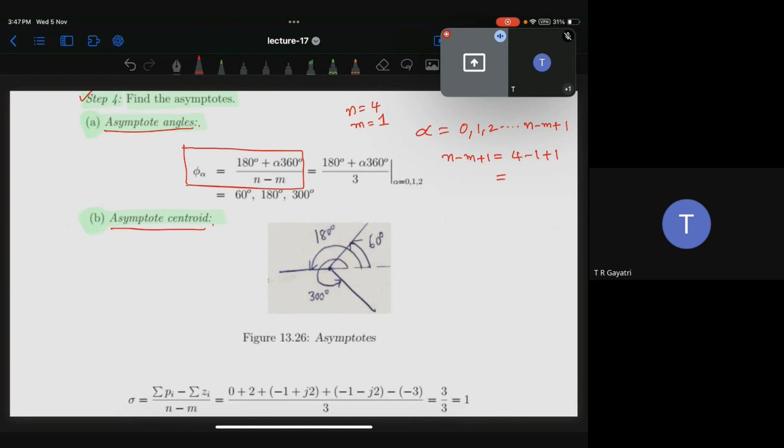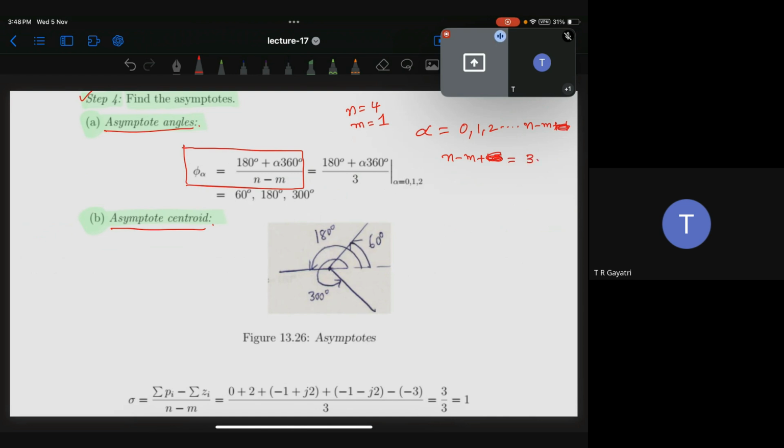That will be 3. Correct? So n minus m, not plus 1. Okay, so that will be 3.